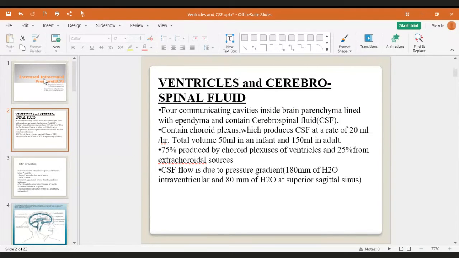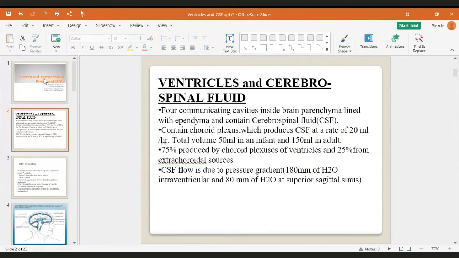Thank you. Today's topic is increased intracranial pressure. Before we proceed to increased intracranial pressure, first we discuss some physiology of the ventricles and cerebrospinal fluid. There are 4 communicating cavities inside the brain parenchyma, lined by ependyma and containing cerebrospinal fluid.